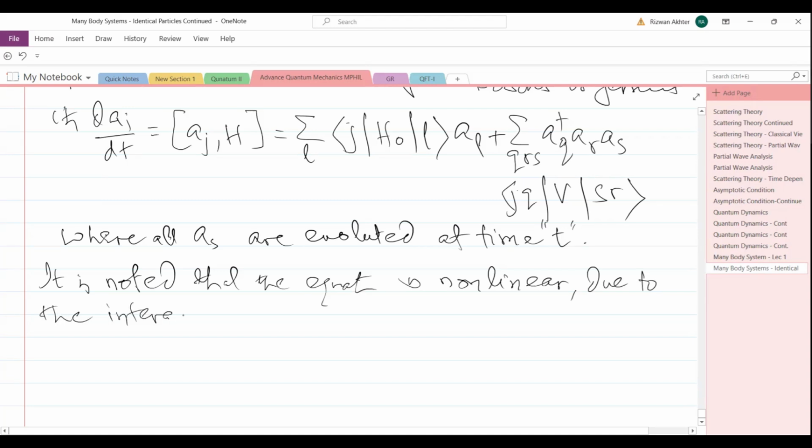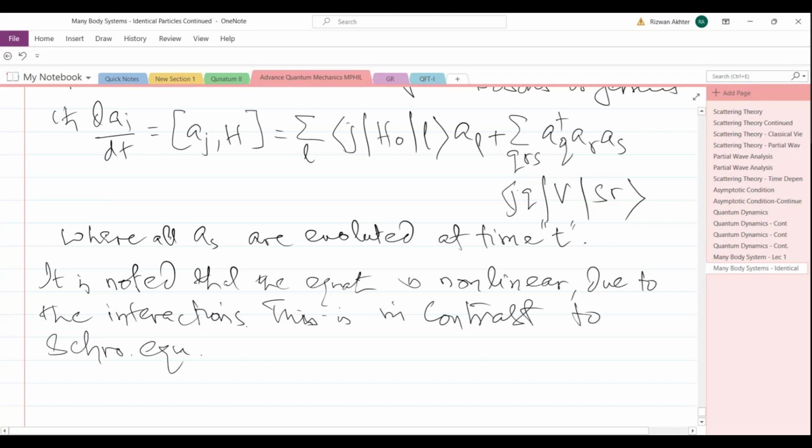So there are interactions now, and because of this, it is non-linear. This is in contrast to the Schrödinger equation. So this is basically important to note here.